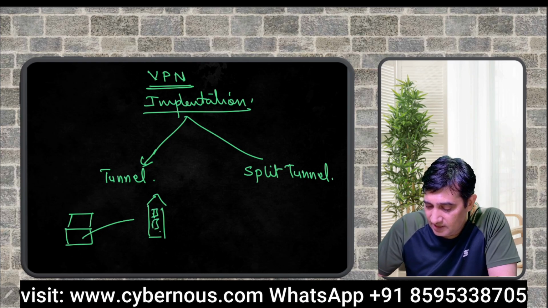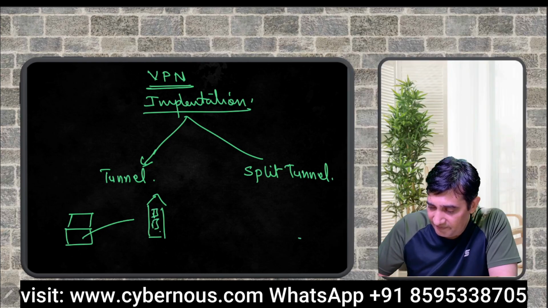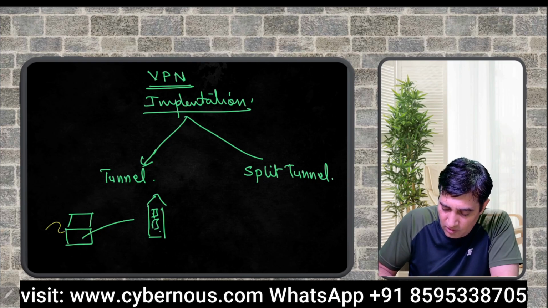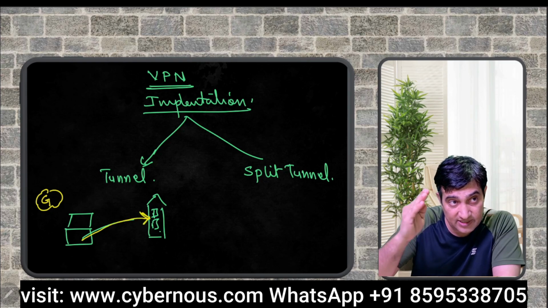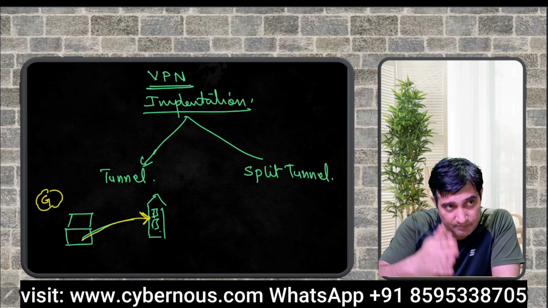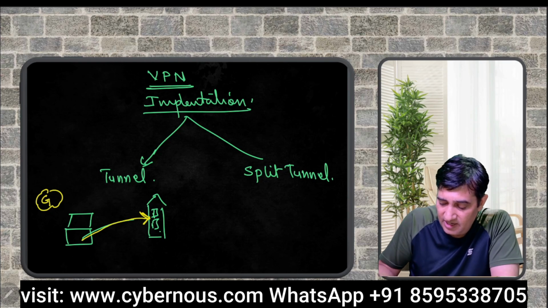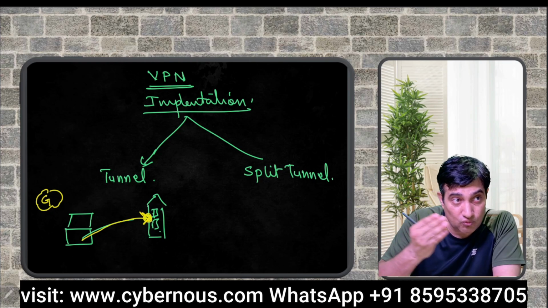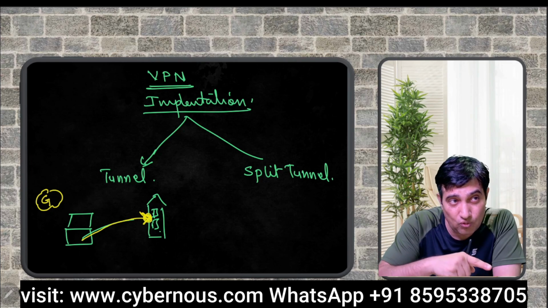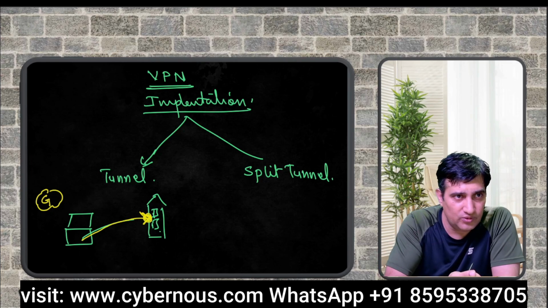What will happen is your entire traffic, let's say you also want to go to Google, everything will first go to your VPN concentrator, which is placed inside your company, part of your company infrastructure. That is where all the rules will be applied. If you are supposed to go on Google, then only you can go on Google, otherwise it will not let you do that.